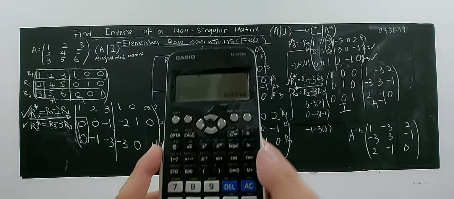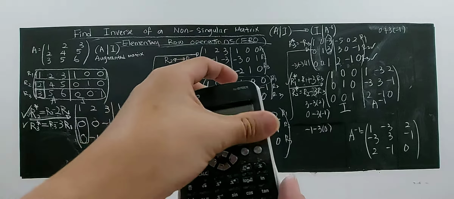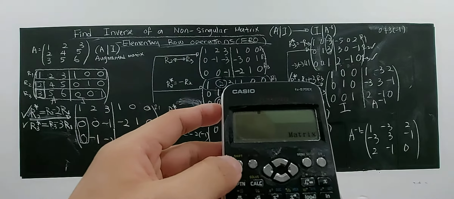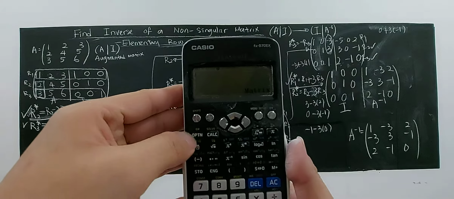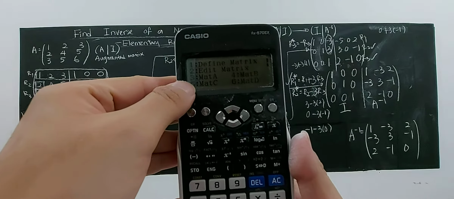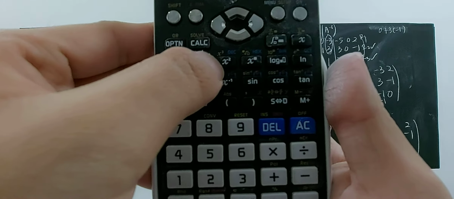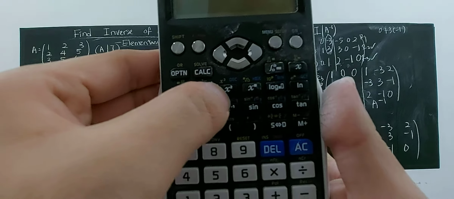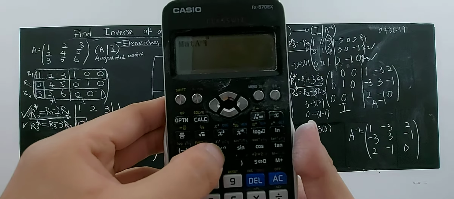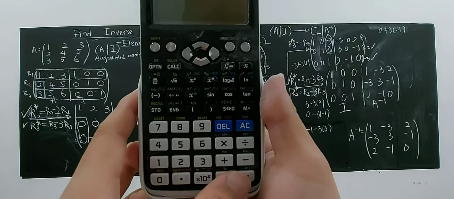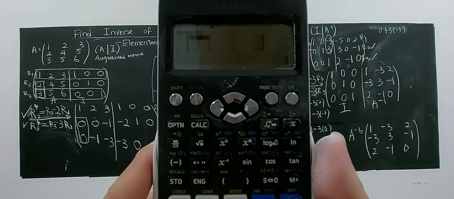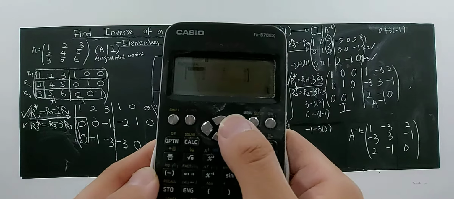Pressing AC. Now you're going to find the inverse. Pressing option, choosing 3, pressing the button below the x squared, the inverse of x. So now pressing equal. Finally, you will get your answer, right?